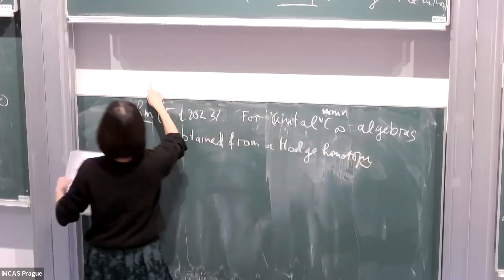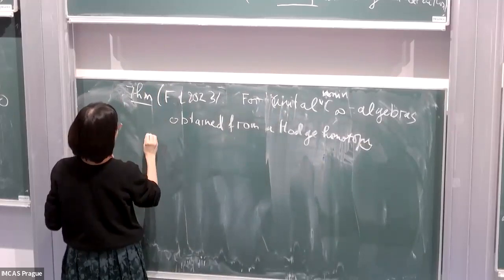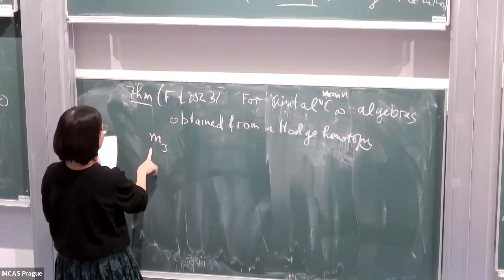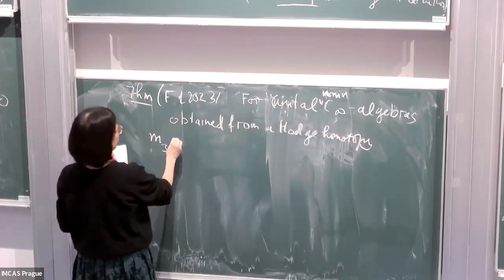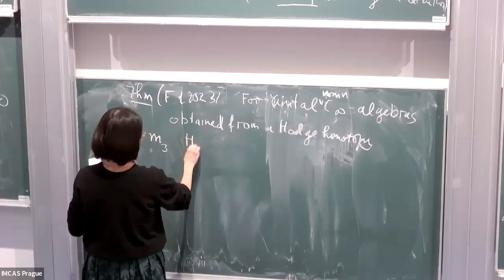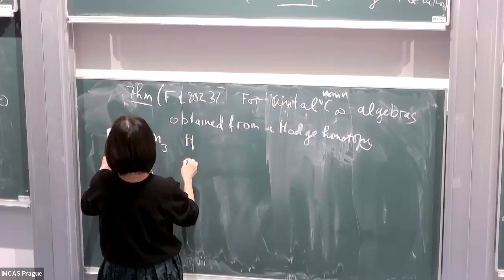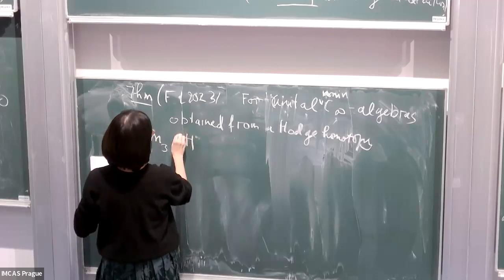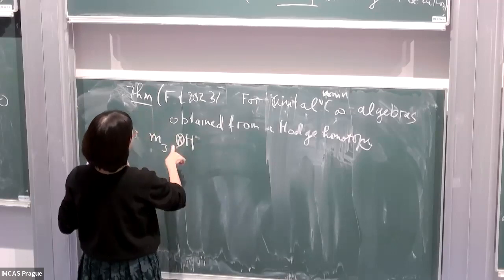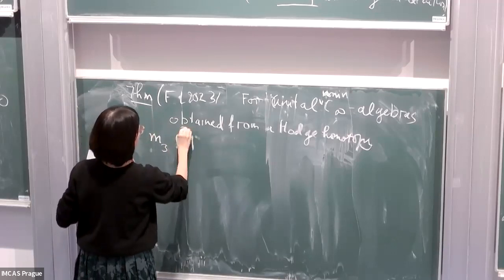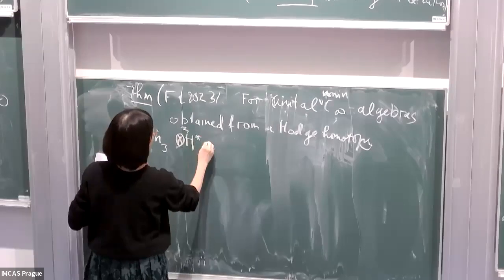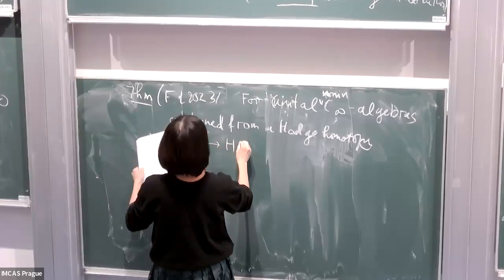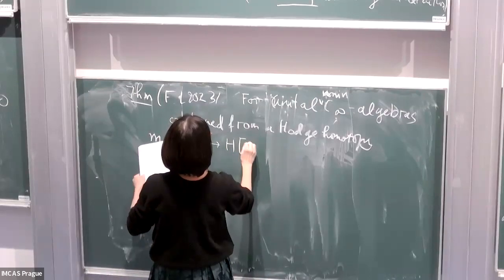You can construct the operator M3, and M3 is a linear functional from the tensor of three copies of H to H of degree -1.